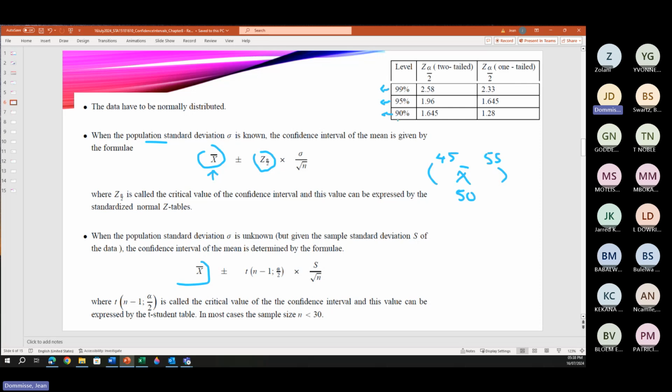Those are the three that will be tested in the exam. They might give something different in an assignment to see if you can get to it via the tables, but most likely not. And in the exam, it's always 90, 95, and 99.